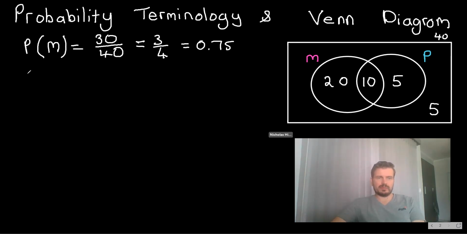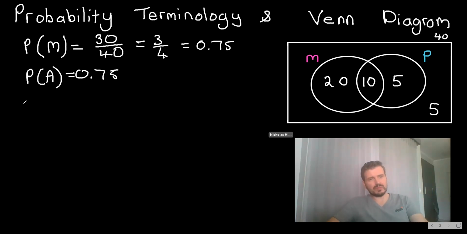So, maths could have been just called event A. And so it would have just been P of A equals 0.75. So that's what the P of A means. All right. And then P of B, so event B, we could talk about that as being physics, but to make our lives easier, sometimes we use a letter like P of P because it just makes it easier for us to see, maths, physics, rather than thinking, well, which one did I call A, which one did I call B?